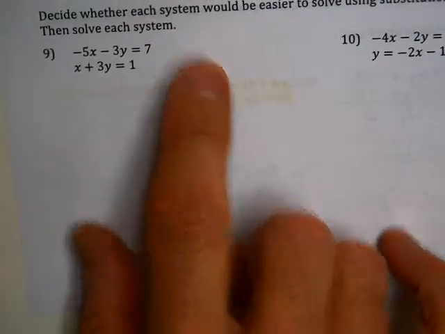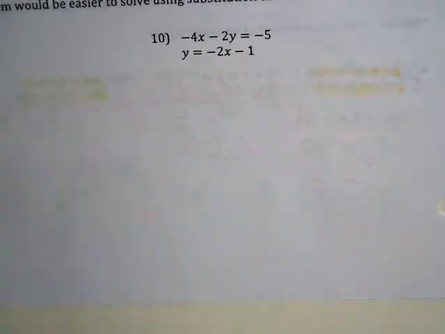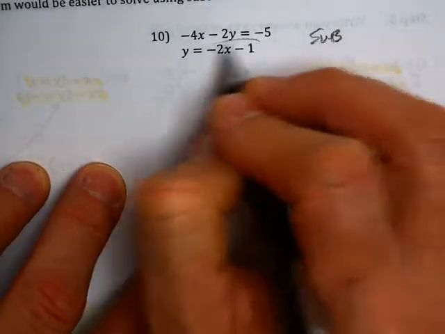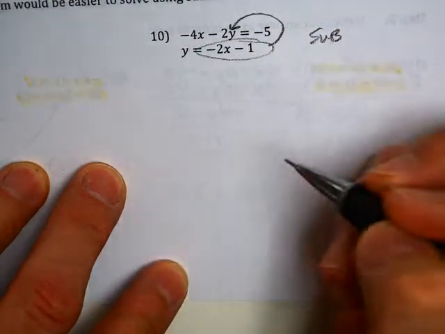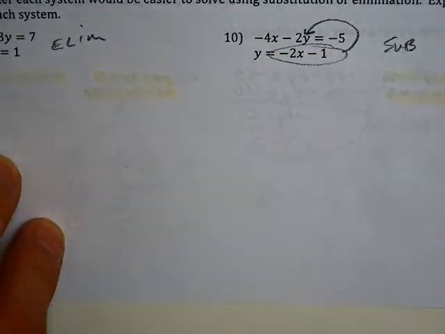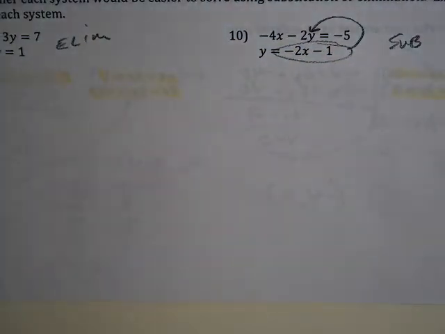So I would use elimination here, but look at number 10. To use elimination here, you're going to have to do some rearrangement. And so in this case, since we already know what y is, this would be a good one for substitution. So there's reason to know both methods, substitution and elimination. I'd use sub here. You take that, you're going to plug it in there. This one, elimination. So we still want to use substitution when it makes sense.